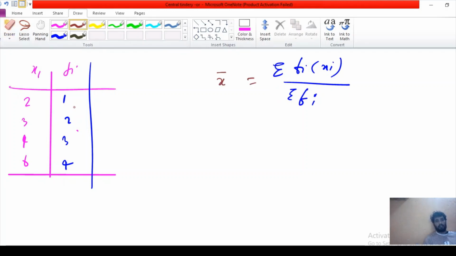This is our mean, and we can find it very smoothly, right? For this data, what is the mean? Suppose this mean is a, right? So the new question is, what is the deviation?